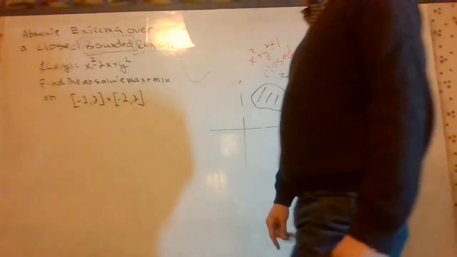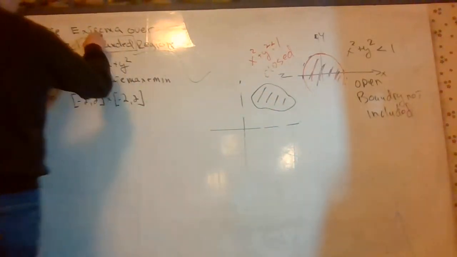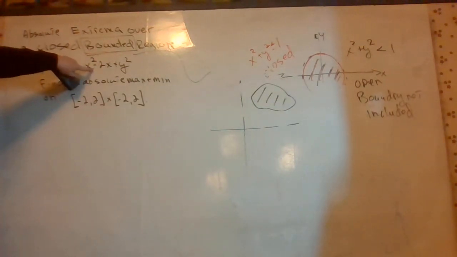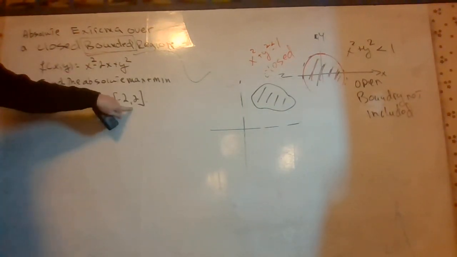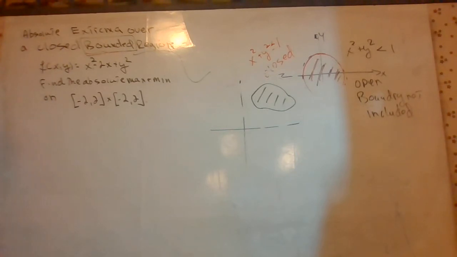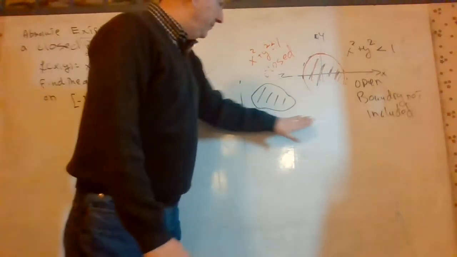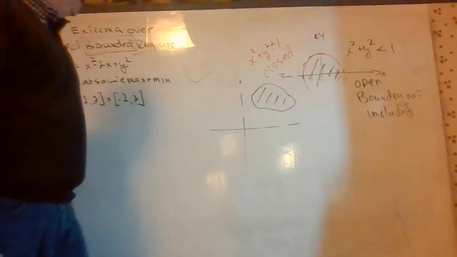Very easy to find absolute extrema, and by absolute I mean absolutely the largest value and the smallest value. As long as this is a continuous function on this region, there exists an absolute maximum and absolute minimum. If this is not bounded, of course, the function could continue on to infinity. It wouldn't have a maximum.